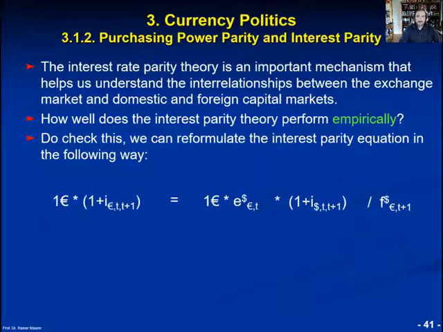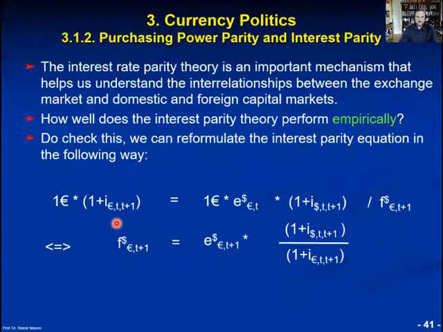A lot of empirical tests with regard to this question have been undertaken. I would like to show the results of a test based on a simple diagram. This test was undertaken and published by the German Bundesbank. To understand this diagram, we have to modify the interest parity equation in the following way. We divide both sides of the equation by the euro interest factor, such that it disappears on the left side and reappears here on the right side.